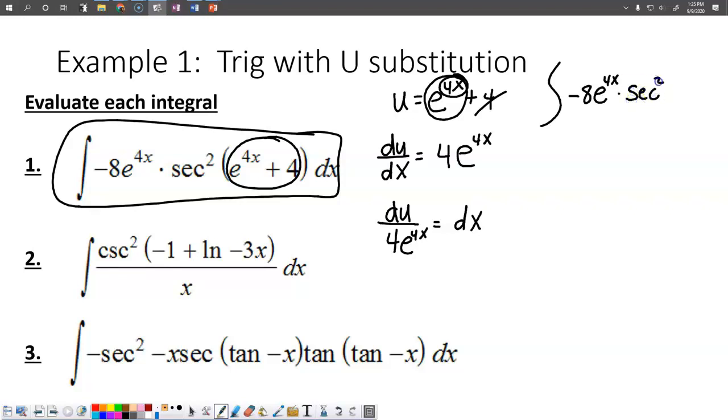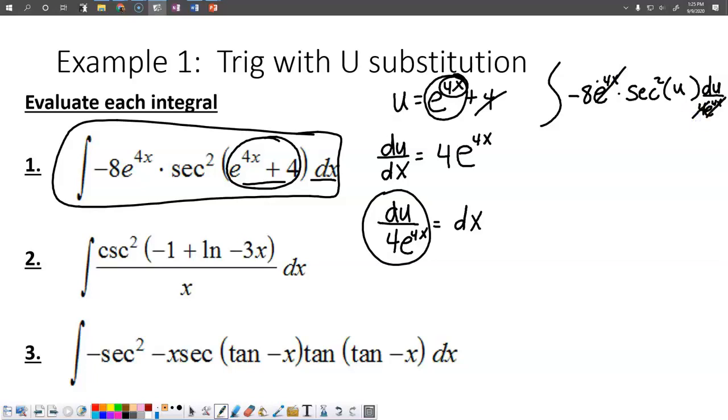But the secant squared, the parenthesis part, we can replace this whole thing with a u, because that's what we said u equals, and we can replace the dx with a du over 4e to the 4x. Now, the e to the 4x's cancel out completely, so now our x's are gone.